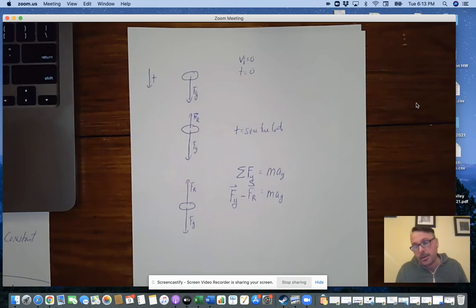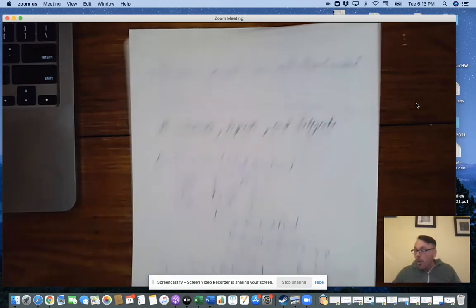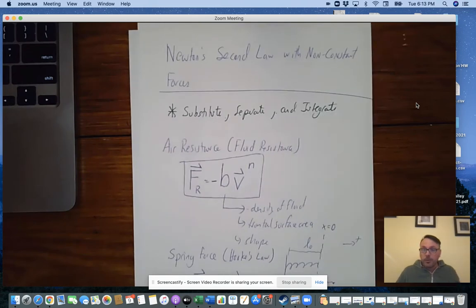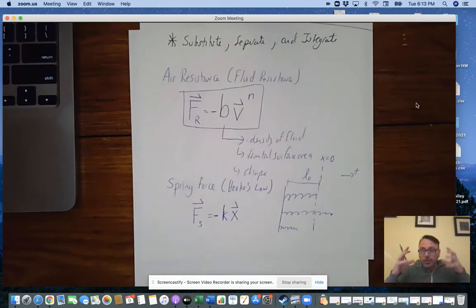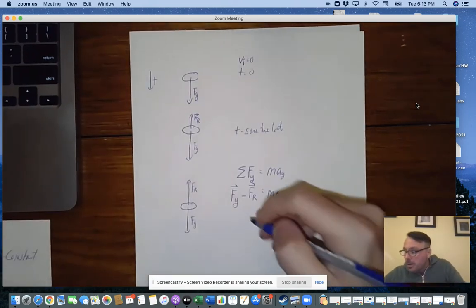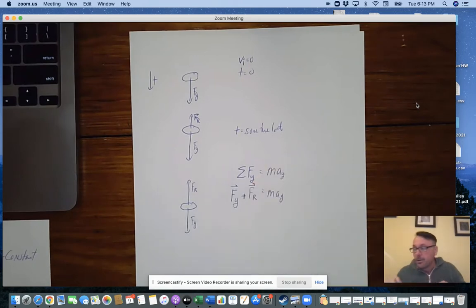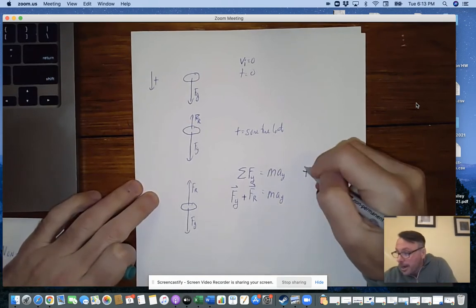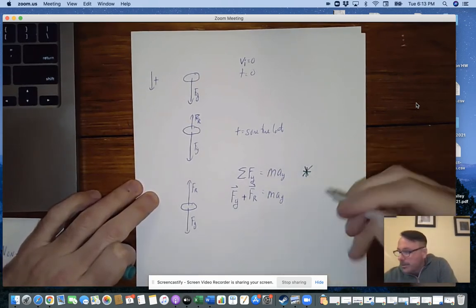Anytime you're dealing with something like a resistive force, or the spring force down here, anything with encoded directionality in the equation of the force, we're not going to apply the directionality to the force when we're doing our sum of forces equation. So that's really important. I want you to write that down. I'm going to write that down here.